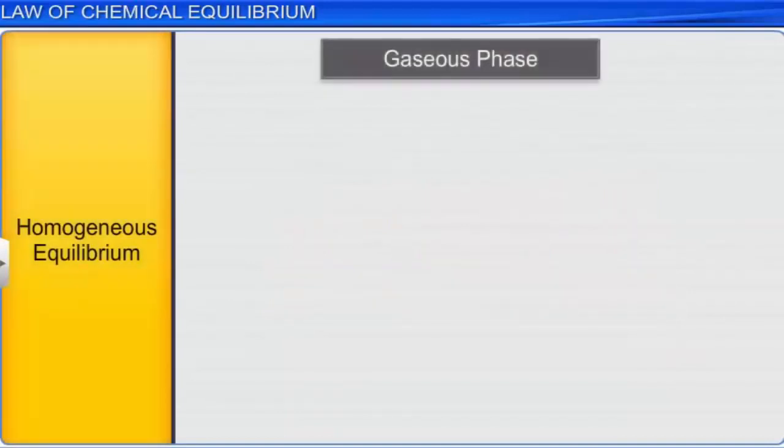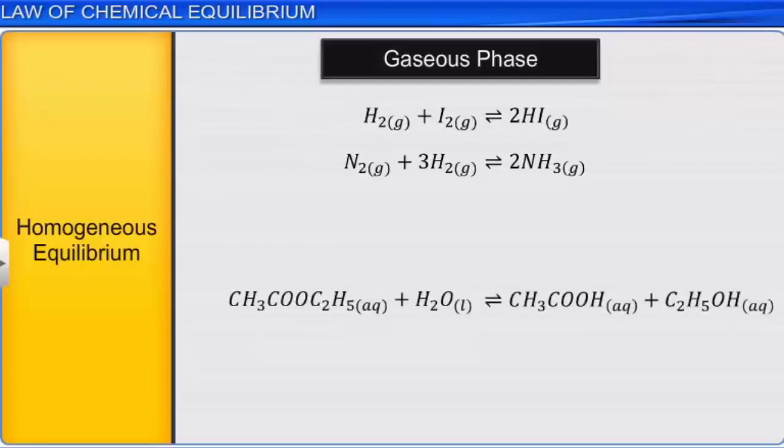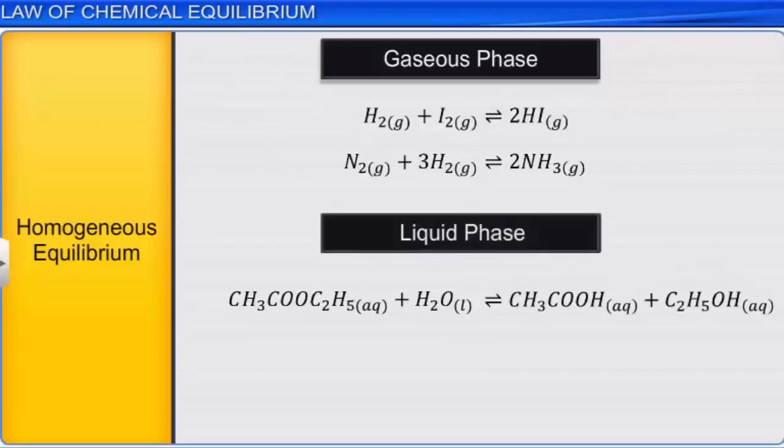Examples of homogeneous equilibrium include the reaction between hydrogen and iodine to form hydrogen iodide, the reaction between nitrogen and hydrogen to form ammonia, and the hydrolysis of ethyl acetate to acetic acid and ethyl alcohol. This example represents homogeneous equilibrium in the liquid phase.